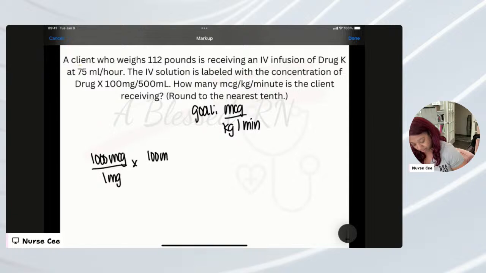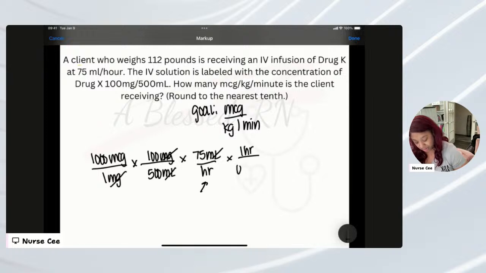We have 100 milligrams is 500 milliliters. It's going at 75 mLs per hour. So we cross out. Okay, so just like you got to the 1 hour part, you know that 1 hour is 60 minutes.